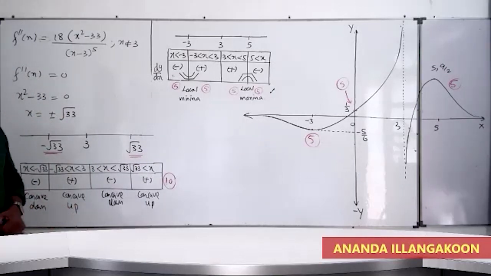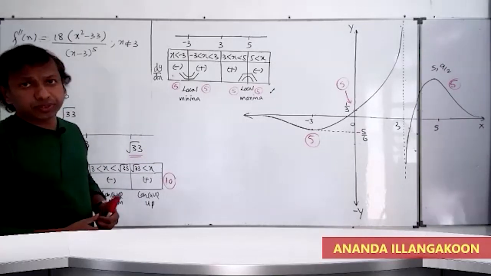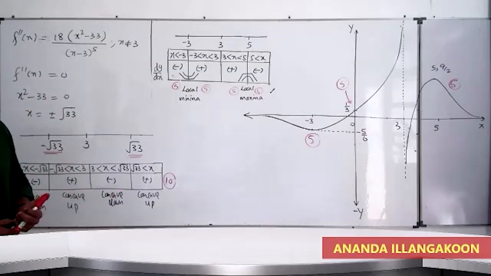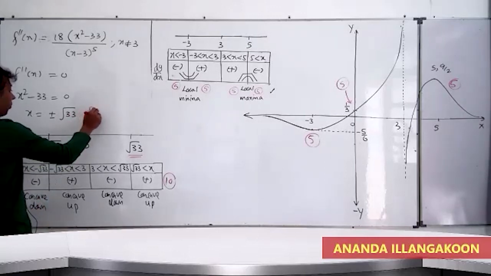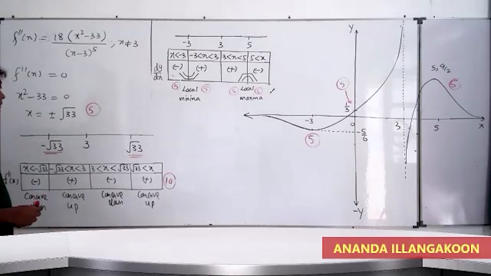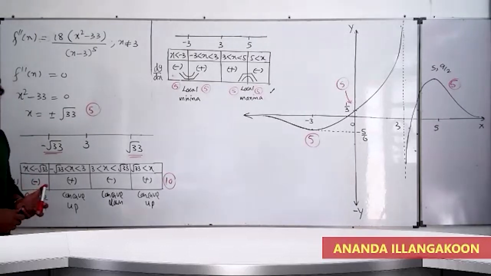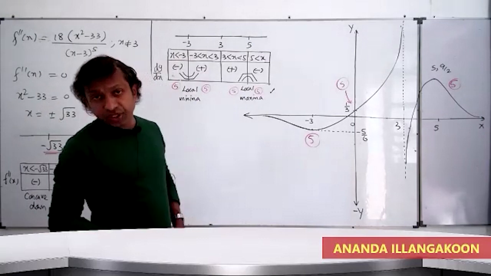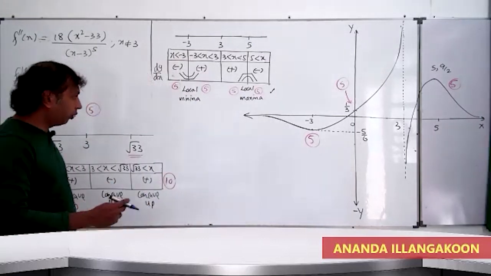We are asked to find only the x coordinates of the points of inflection. So therefore, you must write that in words. Okay. And find the x values plus or minus root 33, another 5 marks given. Now you have to write that in words. There are 2 inflection points.